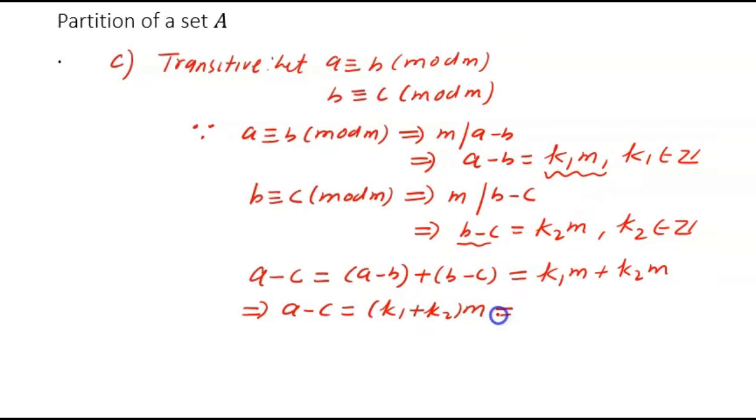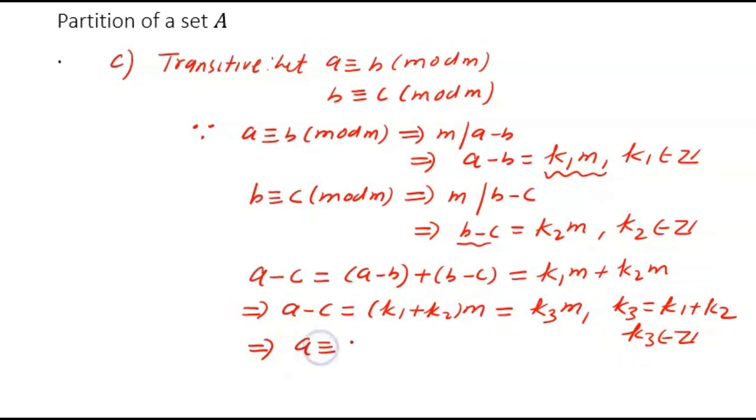And since k1 is an integer and k2 is an integer, k1 plus k2 is also an integer, where I can write that k3 is equal to k1 plus k2, and k3 belongs to Z. Okay, so this implies that a is congruent to c modulo m.